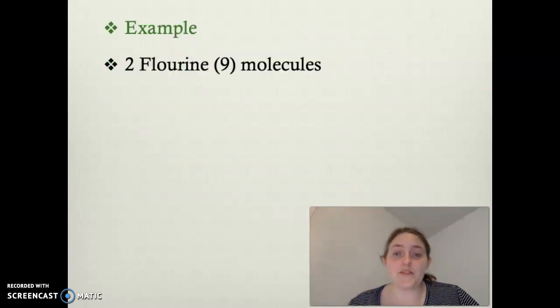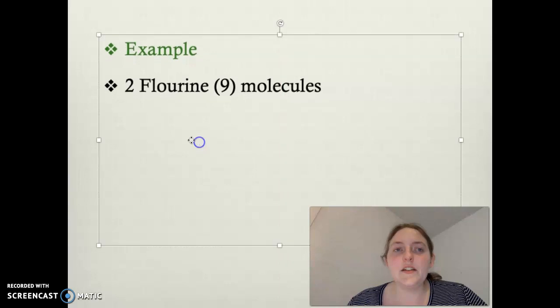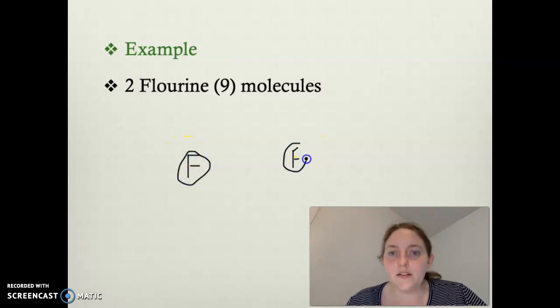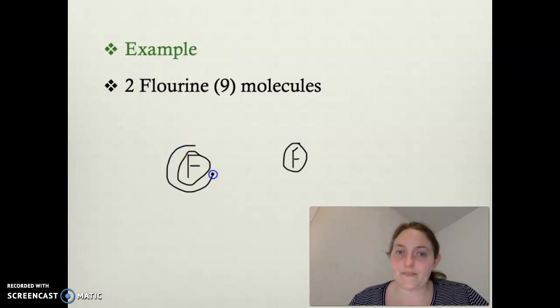So I'll give an example of this. So I have my 2 little fluorines. And my fluorines have 9 protons.